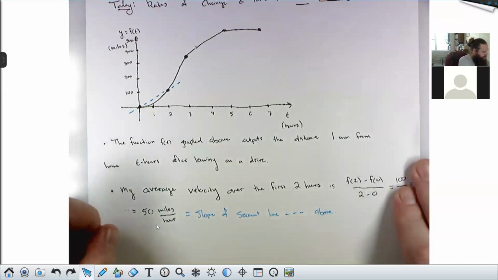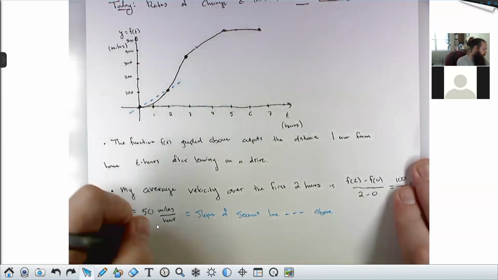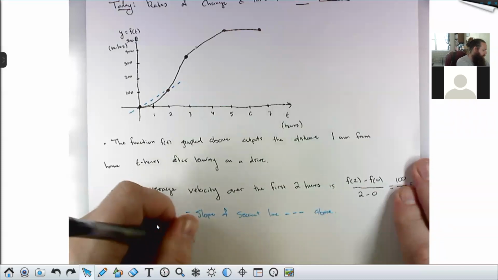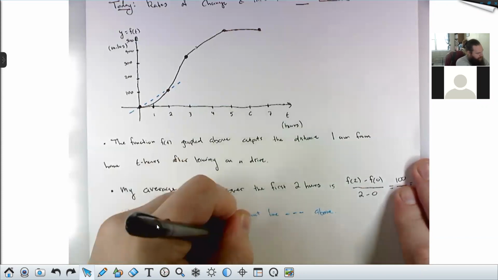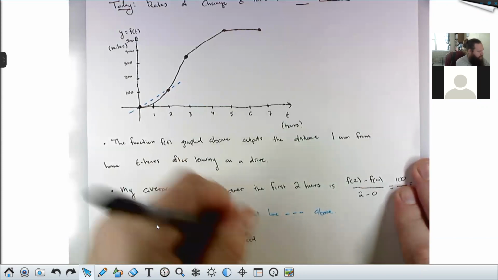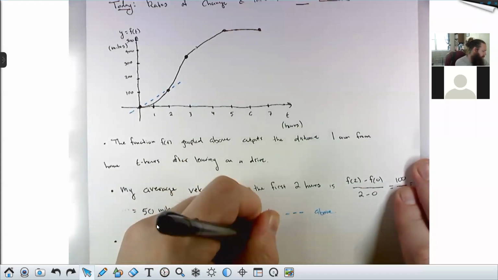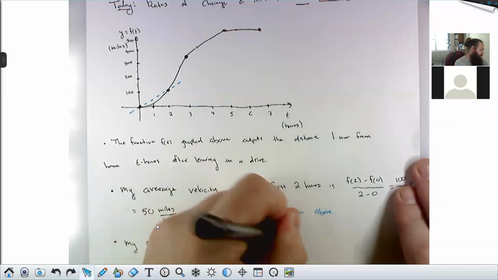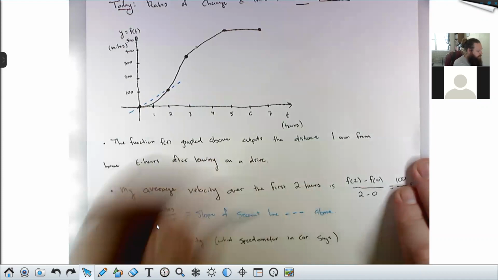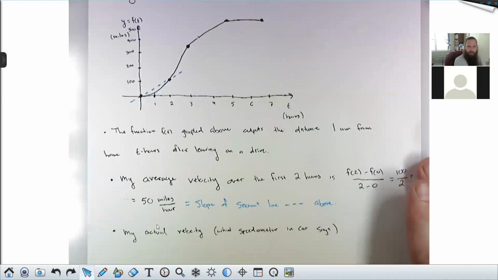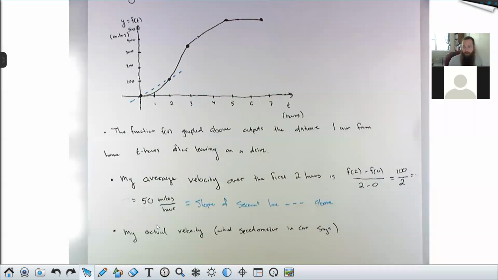If I want to know my speedometer reading, my actual speed, my actual velocity, like what the speedometer in the car says, first, if I want to talk about my actual velocity at a particular moment, you need to specify a particular t value, a particular time.